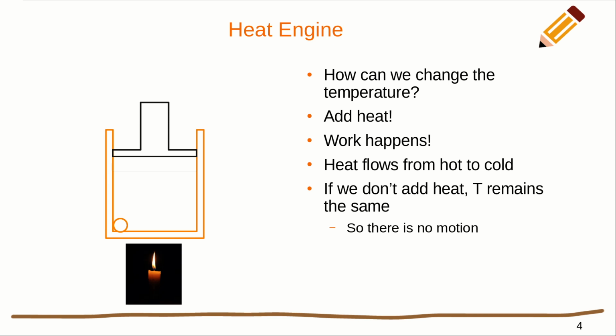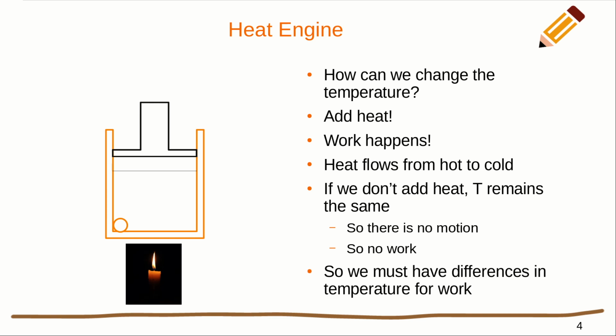So there's no motion. And of course, then no work. So in order to have work, we have to have a difference in temperature. In other words, we have to have a source of heat that has a higher temperature, which is the candle, than the gas that we're trying to heat up. Makes sense?